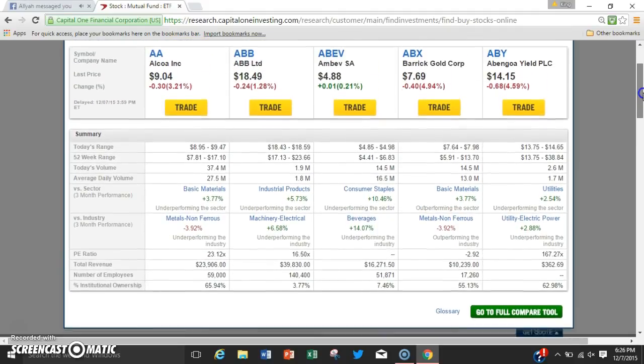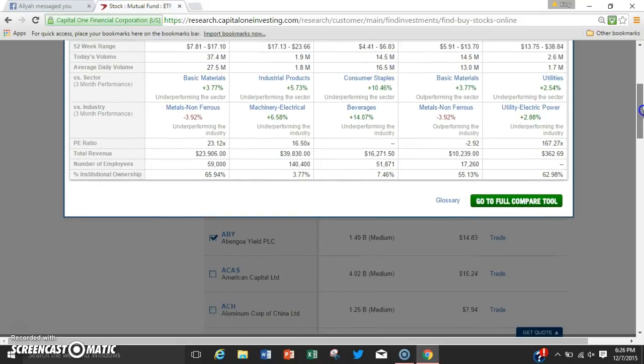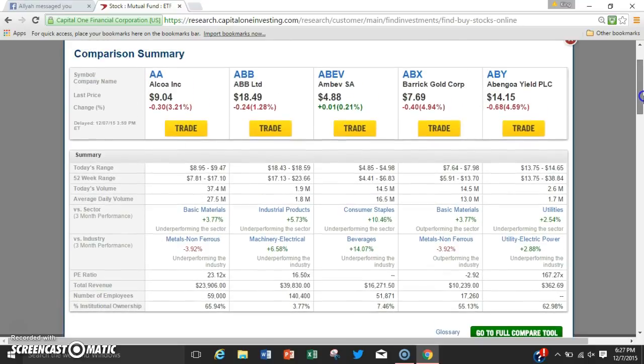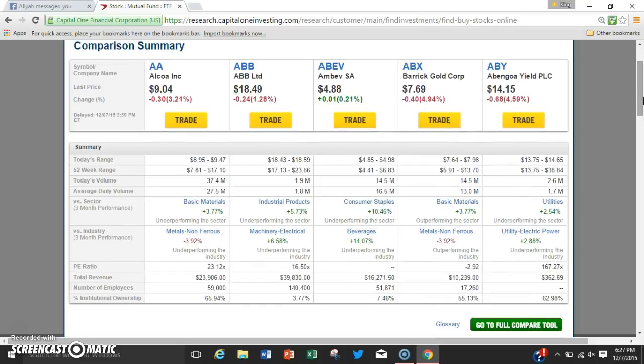So here's another thing I didn't touch on that you want to pay attention to very, very closely. If you can see here at the bottom, the percentage of institutional ownership. Pay attention to that. Think about it. If they don't own a part of the company that they work for, they don't care. They're probably not going to care whether the stock does well or not.